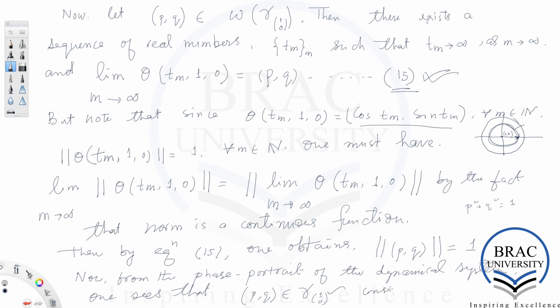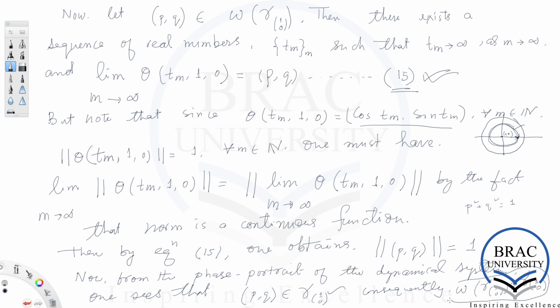Consequently, the omega limit set of the orbit of (1, 0) is a subset of the orbit of (1, 0).